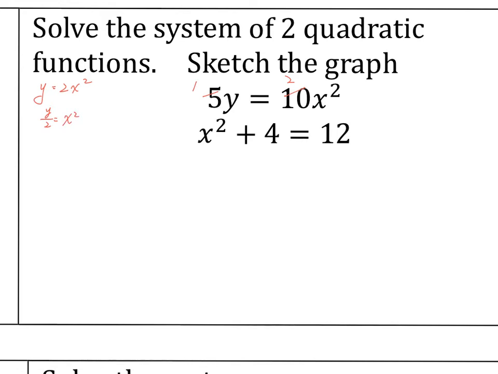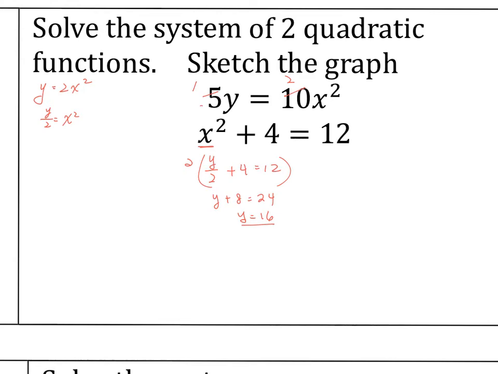Okay, now I can substitute x squared for y over 2. Multiply both sides by 2. Then y equals 16. Now I'm not done here.